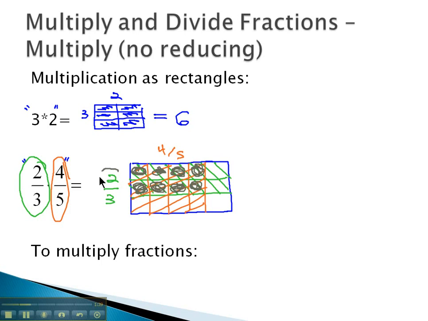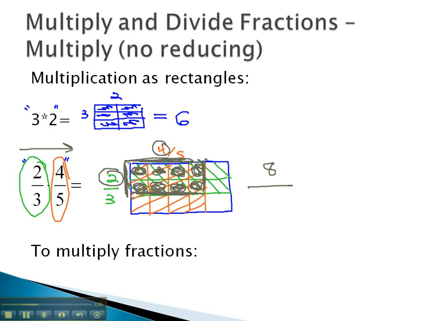But another thing you might notice is the numerators, 2 and 4, describe the rectangle that's outlined, a 2 by 4 rectangle. By simply multiplying those numerators, 2 times 4, we get 8, or the number of boxes that are double shaded. Multiplying the numerator tells us the parts we end up with.